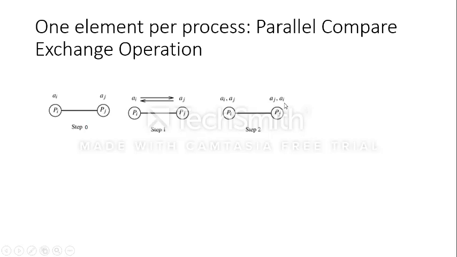Now we have discussed earlier in the old video that we have assumed that the value of i is less than j. In that case, the smaller value will be retained at the process Pi, while the larger value will be retained by the process Pj.